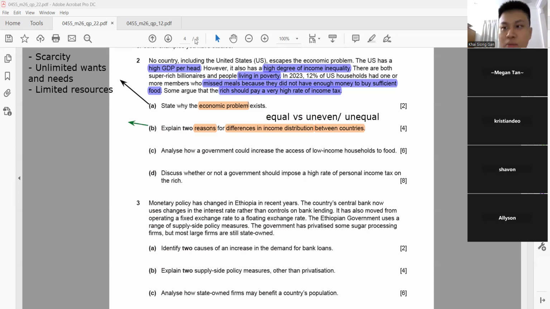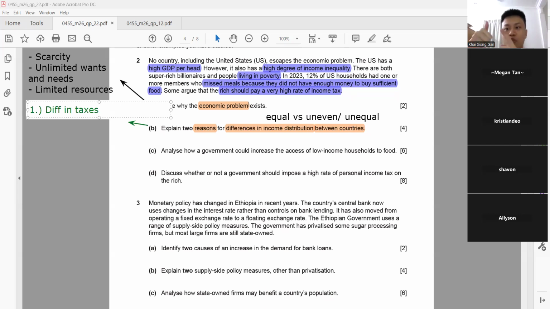Chapter 5. This is under chapter 5. Elena, you're right, but the explanation is not so correct. You can talk about differences in taxes.